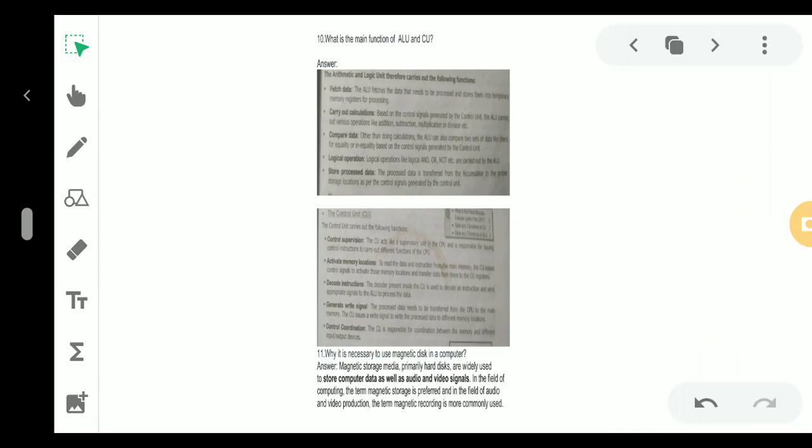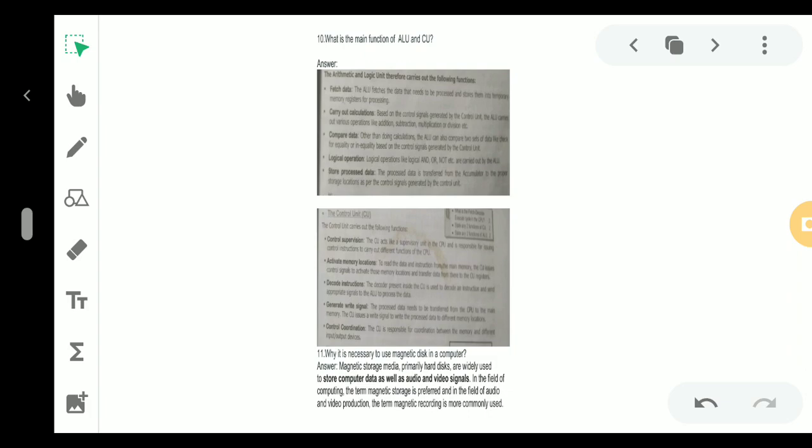The next questions we are having, only two questions: what are the functions of ALU and CU, and why is the magnetic disk necessary. First of all, we read the functions of the ALU. The ALU fetches the instructions whenever required.